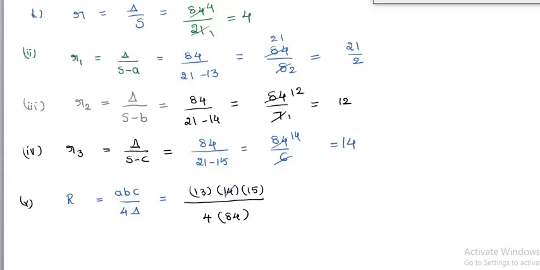So cancellation, 14 ones are 14, 14 sixes are 84. Next 3, 3 twos are 6, 3 fives are 15. So finally 13 into 5 by 4 into 2, 65 by 8. Okay, right. Next problem.